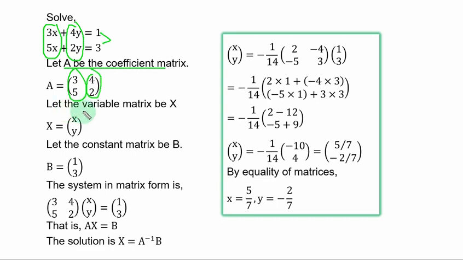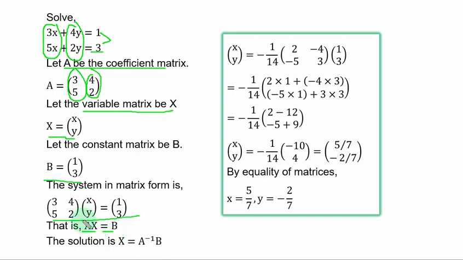Let the variable matrix be X. You want to solve for x and y. That is a column matrix. And the constant matrix B, that is also a column matrix 1, 3. The system in matrix form, you have this result. That is the coefficient matrix times the variable matrix equal to the constant matrix, or the right hand side.